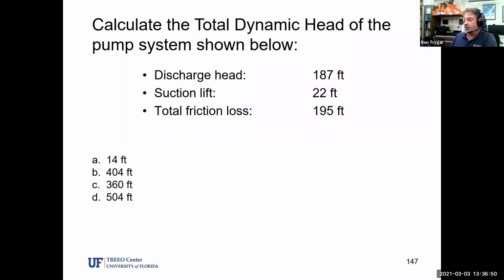So let's try this one out. We have an example here. So we have 4 choices. Notice over here we have some multiple choice questions. So you have several different numbers to pick from. And let's see how we do. So we said that the formula for TDH, total dynamic head, equals the static head.